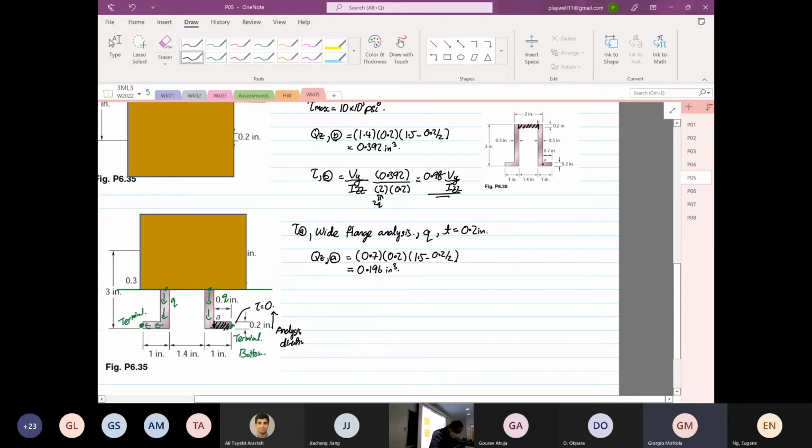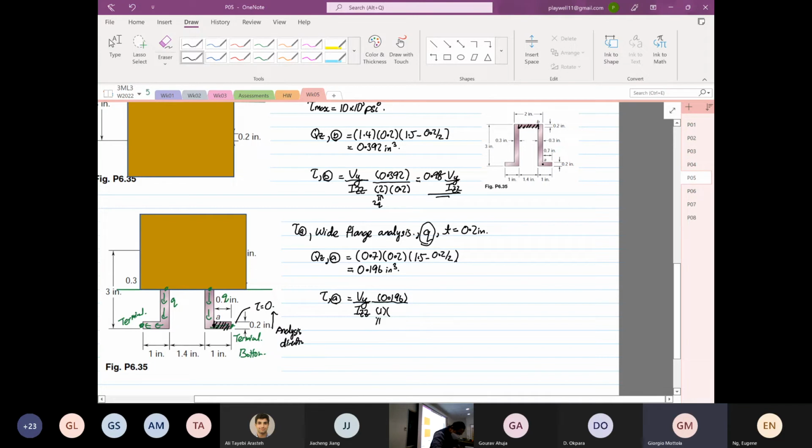Then from here, we are going to find the shear stress at point A. Okay. So the shear stress at point A is Vy over Izz. Right. So it's 0.196 divided by the Q is only 1, right? There's only 1 down here, right?